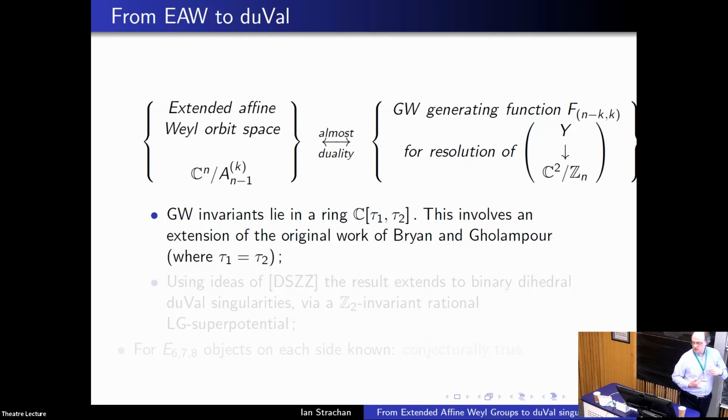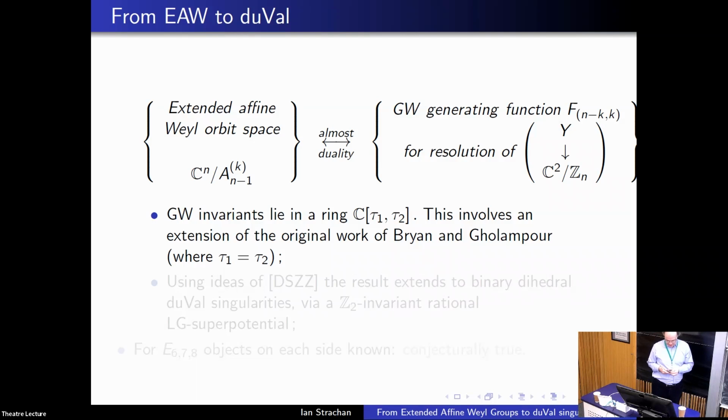So in the work of Bryan and Gholampour, to get a unified construction that works for A, D, and E, effectively in the A case you take the 2 parameters to be the same. And that kills off an interesting cubic term in the prepotential.